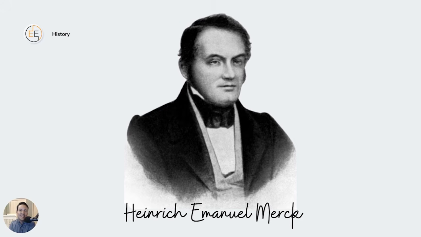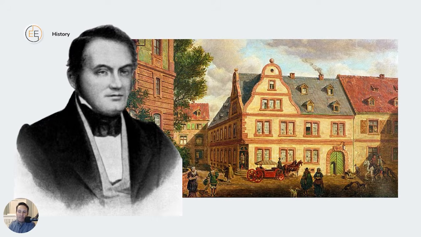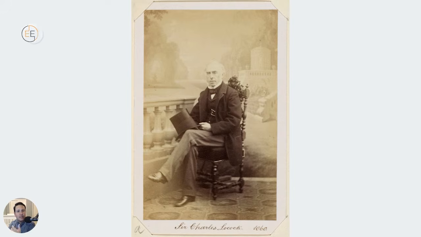So in 1827, a German business owner by the name of Heinrich Emanuel Merck, you might recognize his last name, perhaps, became the earliest adopter of modern-day pharma. He was the heir of his father's company, Angel Pharmacy, where he manufactured and sold alkaloids.